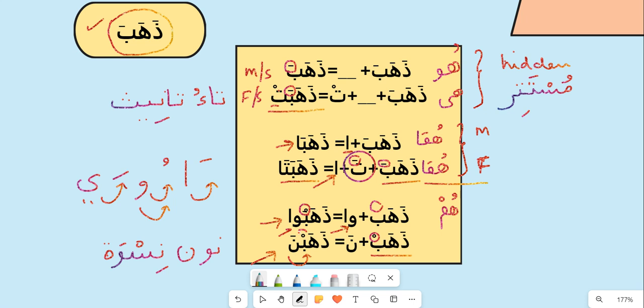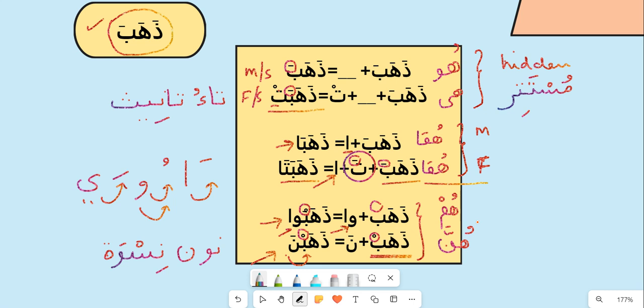So there should be a sukoon on the previous letter, then only you will be sure that this noon fatha is the damir noon niswa coming for female plural. So that's why we took the previous structure dhahab. This sukoon should come with noon niswa. And this is the structure that we get after attaching noon niswa: dhahabna. So these are for male and female plural. Hunna.